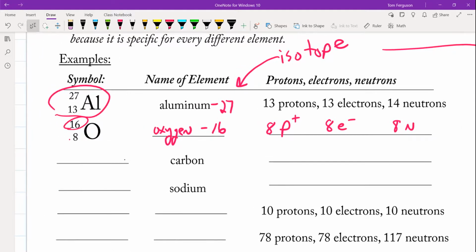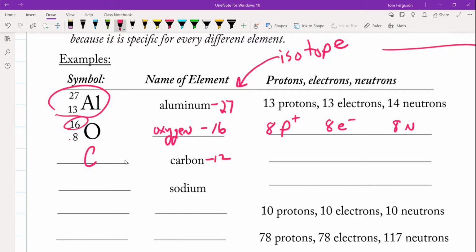Now, it just says carbon. It doesn't really tell us how many extra neutrons we have. That means let's just choose an isotope. Let's just choose the most common carbon, which is carbon 12. So that's carbon, uppercase C. Now, the elements are made up of either one uppercase or an uppercase plus a lowercase.